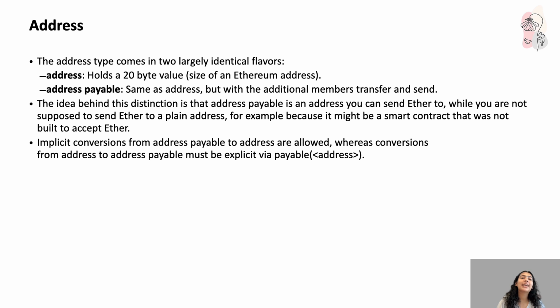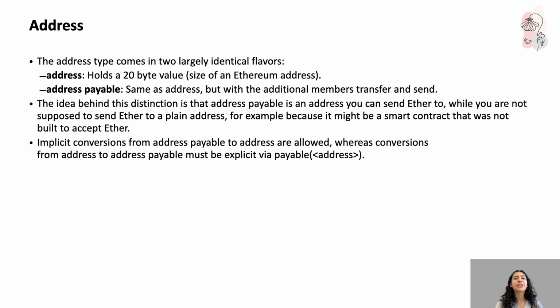So in Solidity, we have two largely identical flavors of addresses: address and address payable. If I talk about address, it simply holds your 20 byte Ethereum address. But address payable holds an address that can actually receive Ether. So basically, an address payable can use special functions like transfer and send, which actually move Ether on the blockchain.